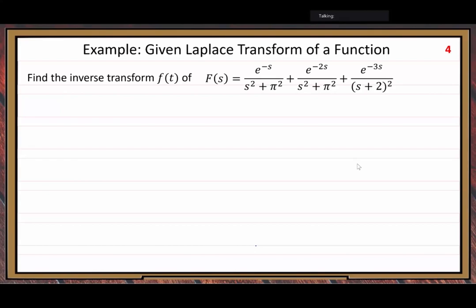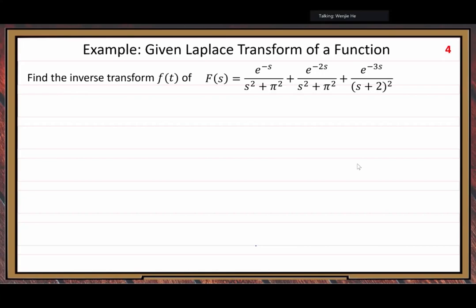It looks a little complicated, right? So let us spend some time to understand the structure of this capital F function. After we understand the structure well, then we can determine what formulas we should use.